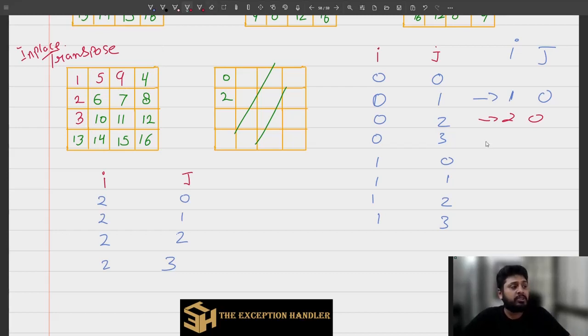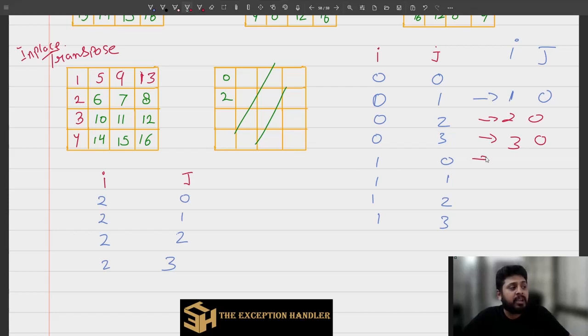Now let's do it for 0 comma 3. 0 comma 3 would be interchanged with 3 comma 0. So 4 and 13 would be changed. 4 would be coming over here and 13 would be coming over here.